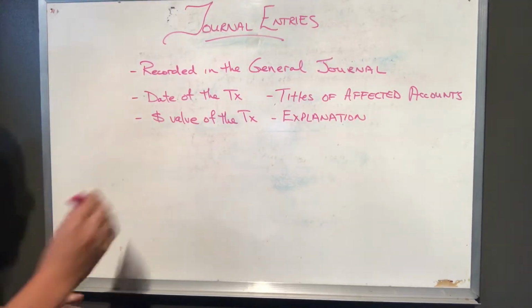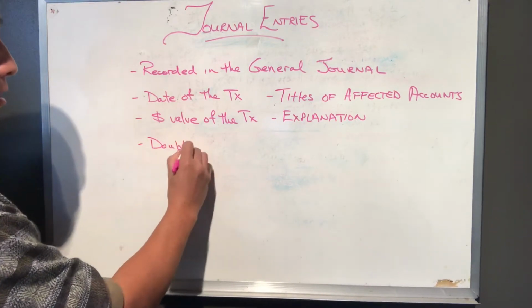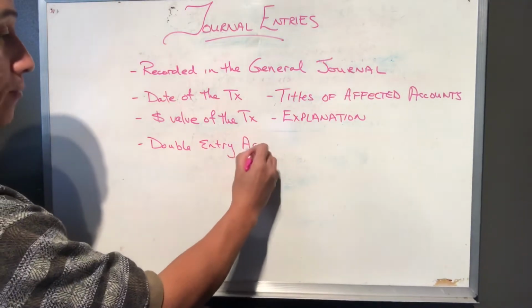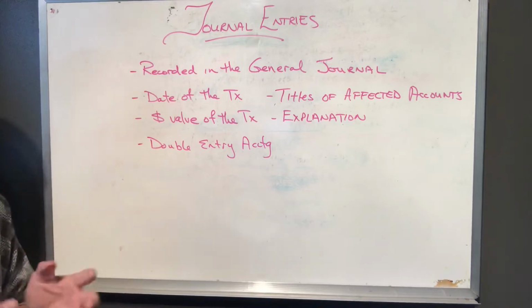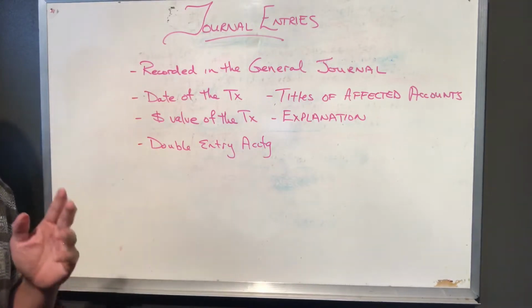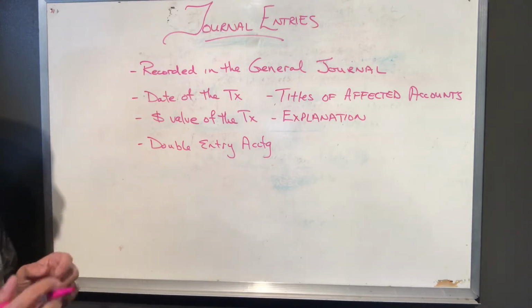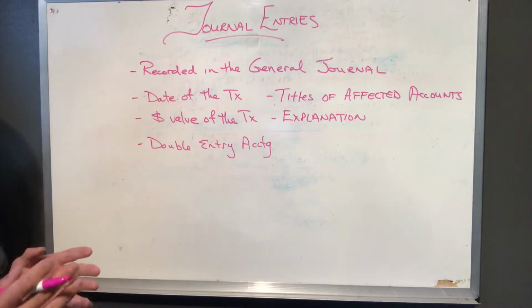So remember, again, double entry accounting. That was where we do journaling of transactions where it hits at least two accounts. Okay, so that way it helps us to ensure that we're always balancing out.